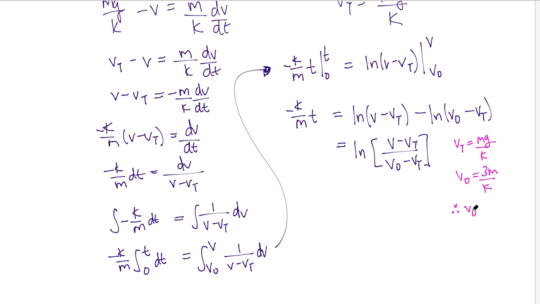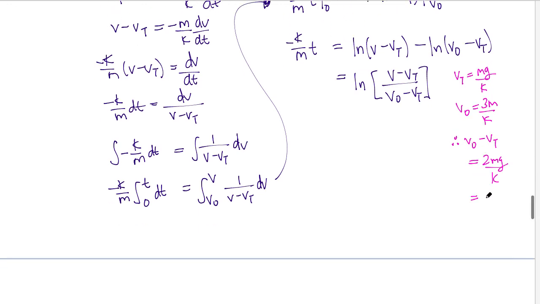Therefore, v initial minus v terminal would be equal to 2mg over k, or just 2 times v terminal. So I take this back and rewrite it as ln of simply v minus v terminal over 2 times v terminal. And that's equal to negative k over m times t.